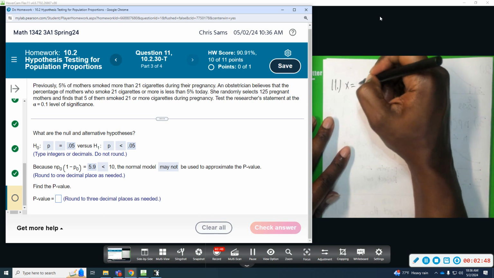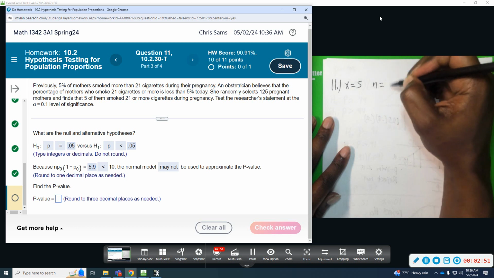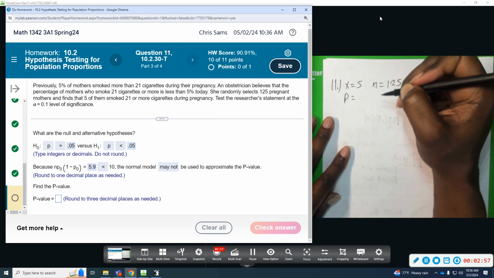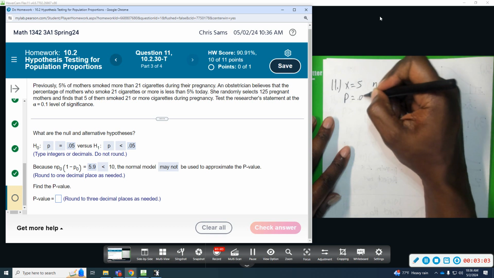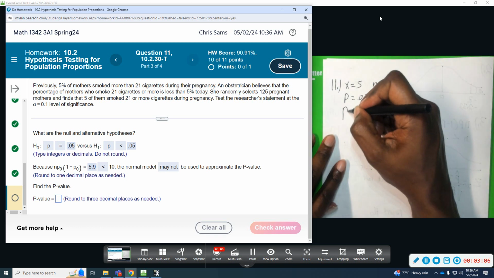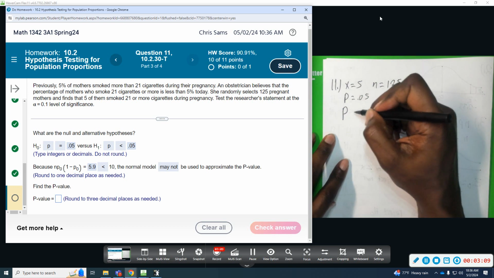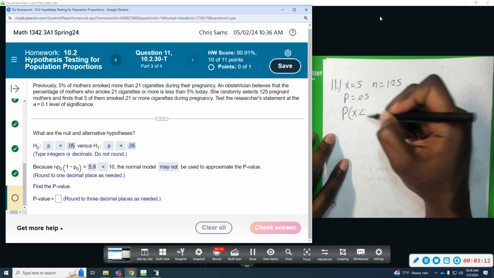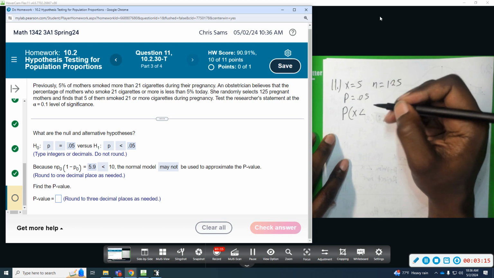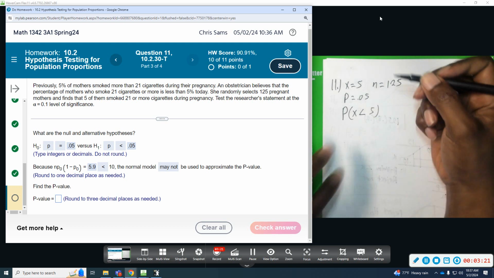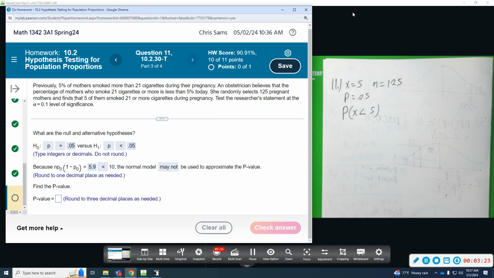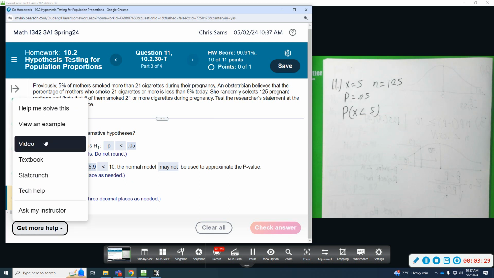So x equals 5, n equals 125, and that p, that's going to be used as our probability of success, is 0.05, and we're looking for the probability that x is less than 5, because that's what we got. We got 5 of them out of the 125. Okay, so we're going to find the probability using binomial. It's going to be our p-value, our probability.